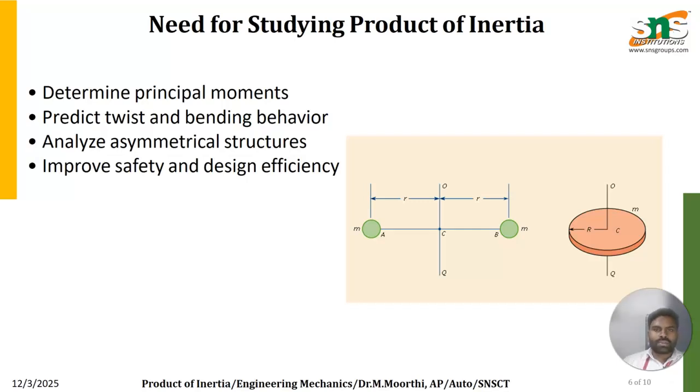It is necessary to study the product of inertia to determine the principal moments, predict twisting and bending behavior of an object, and analyze unsymmetrical structures. It helps improve safety and design efficiency by analyzing the stability of the object with respect to the principal axes, either horizontal or vertical.